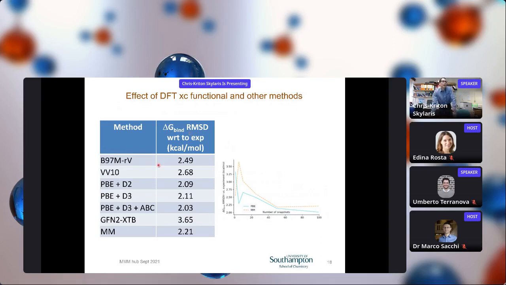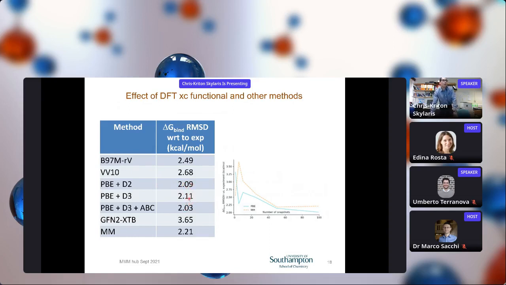And what we observe here is that MM has a value here, and then we compare this with all the QM methods, and they don't get too much lower in terms of error. So the best we can do is when we use PBE with dispersion. Actually, I had the PBE without dispersion, but didn't include it here. It's much worse without dispersion.